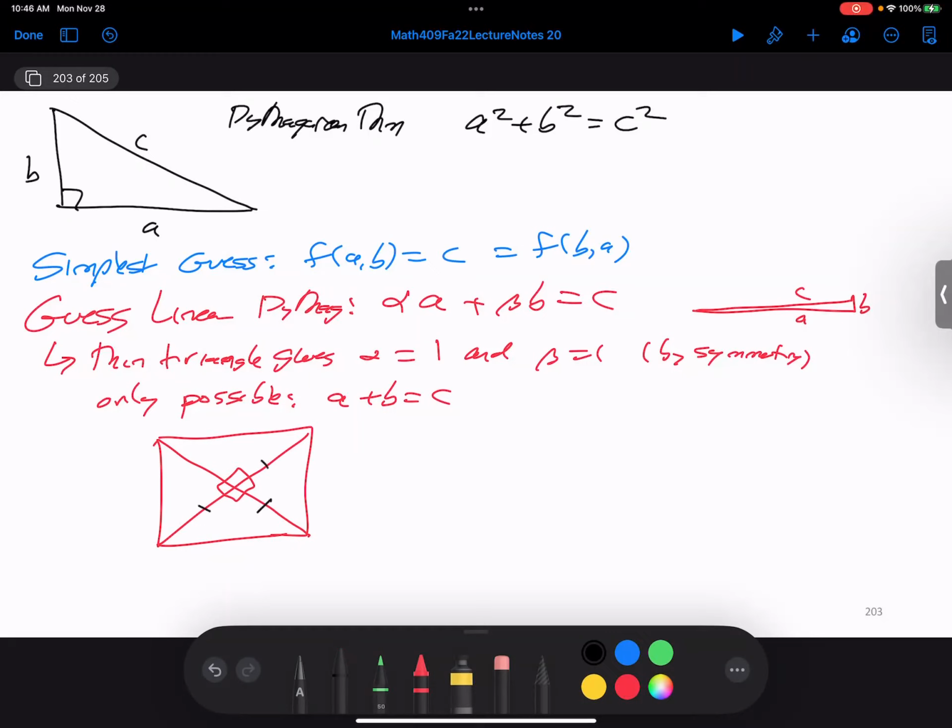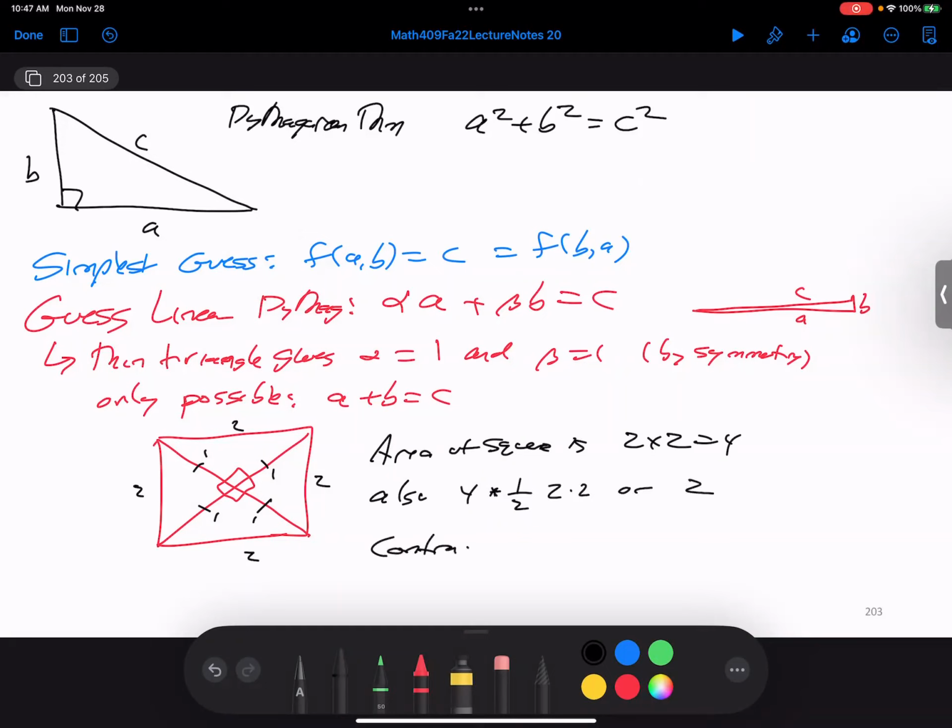So if we believe in this, if this is 1, 1, 1, 1, then these all have to be 2. So the area of the square is 2 times 2 equals 4. And it's also 4 times 1/2 base times height, or 2. Contradiction. So there can't be a linear Pythagoras.